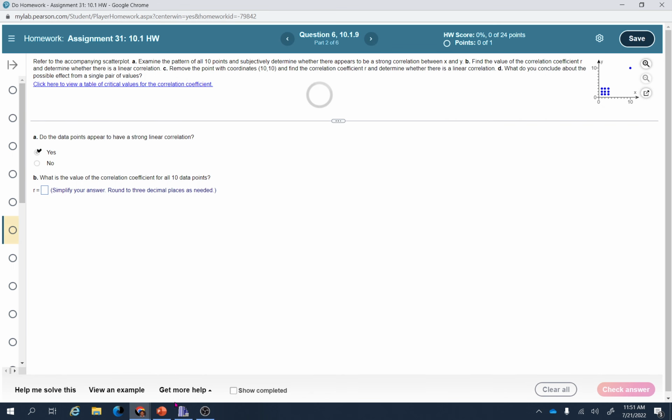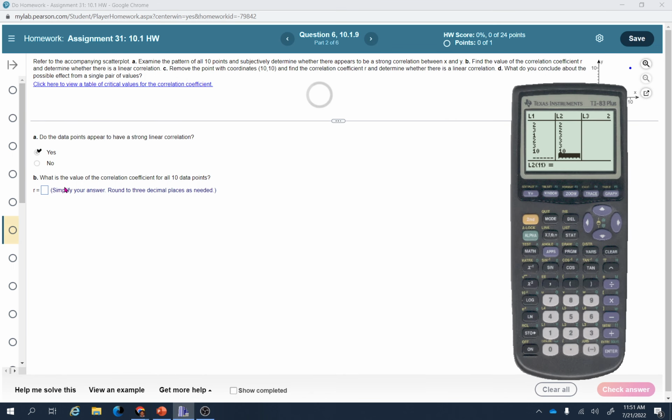Now, how do we find the correlation coefficient? For that, go to Stat, go to Tests, and go down until you find LinRegTTest, the linear regression t-test. That gives you the correlation coefficient and everything else you are looking for in this problem. Enter here. The x values come from list 1, the y values come from list 2.